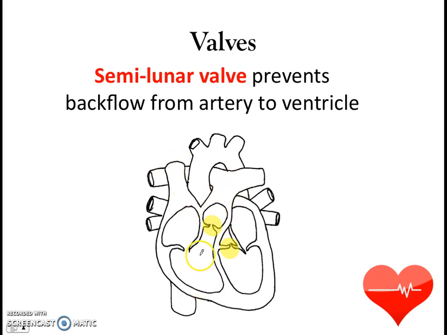So when the ventricle contracts and blood moves out of the heart, some of this blood might actually flow back later on. So this valve will close and prevent blood from flowing back into the ventricle. Same here on the left side, blood normally is pumped out of the heart, but some could flow back, so this valve will close to prevent backflow.